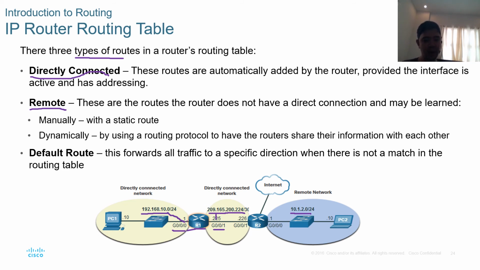In order for R1 to see this remote network, you need to set up routing. If R2 is connected to the internet, there's a means for R1 to also be connected to the internet through R2. So there is an entry in its routing table that represents the internet connection, and we call it a default route. By definition, a default route forwards traffic when there is no match in the routing table.